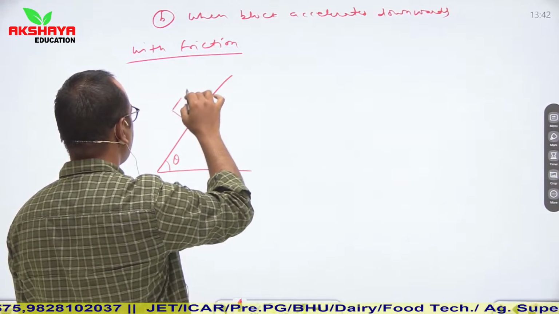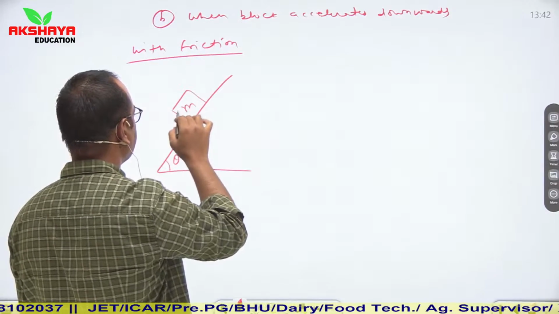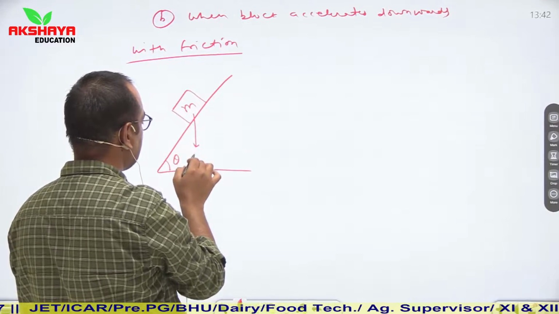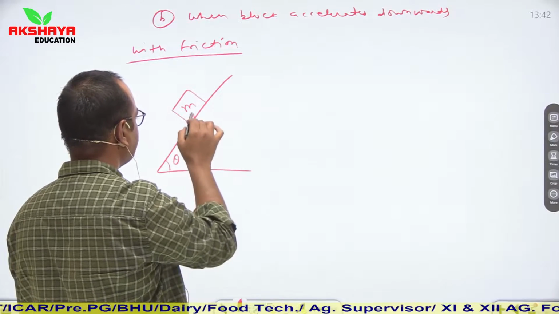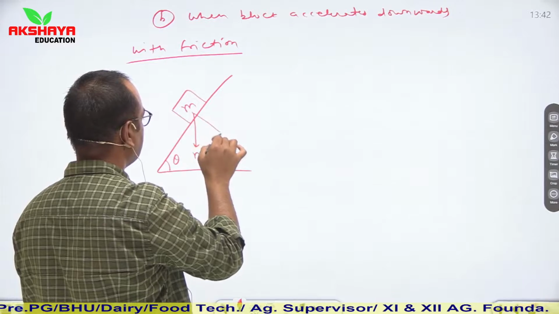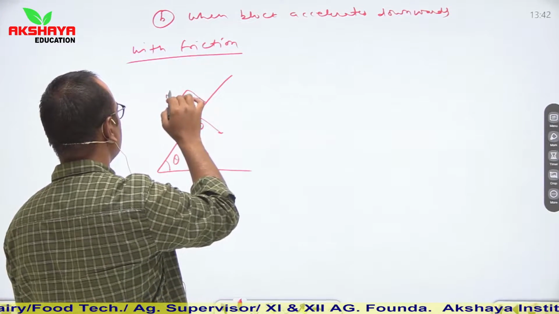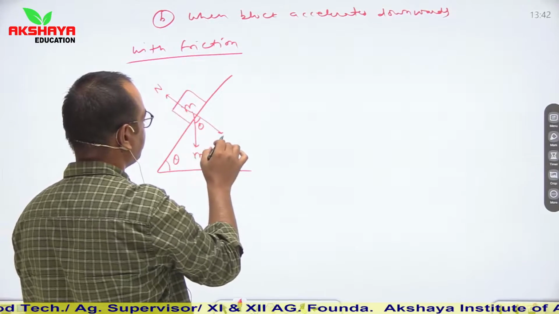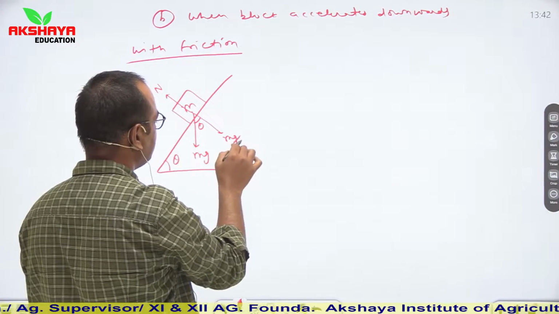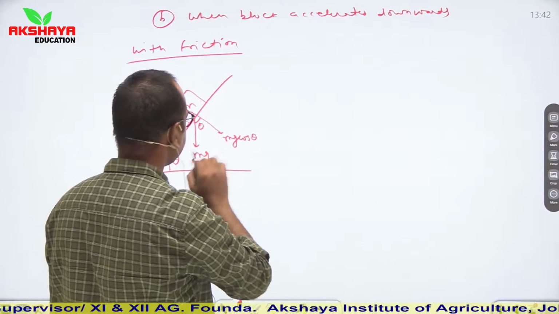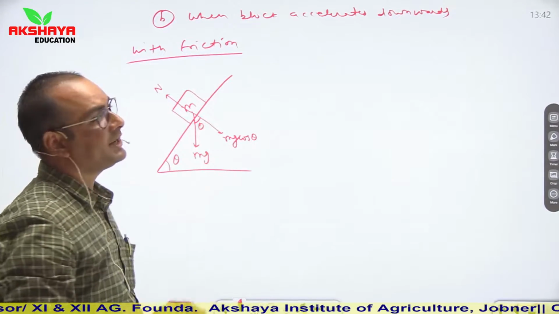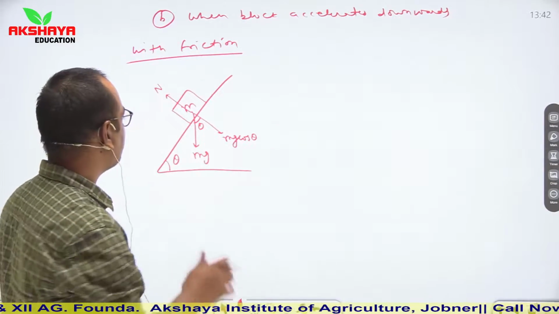This is the object of mass m. This is mg in downward direction. This is angle theta. This is its normal force. This is mg cos theta. We are considering that object is accelerating in downward direction.